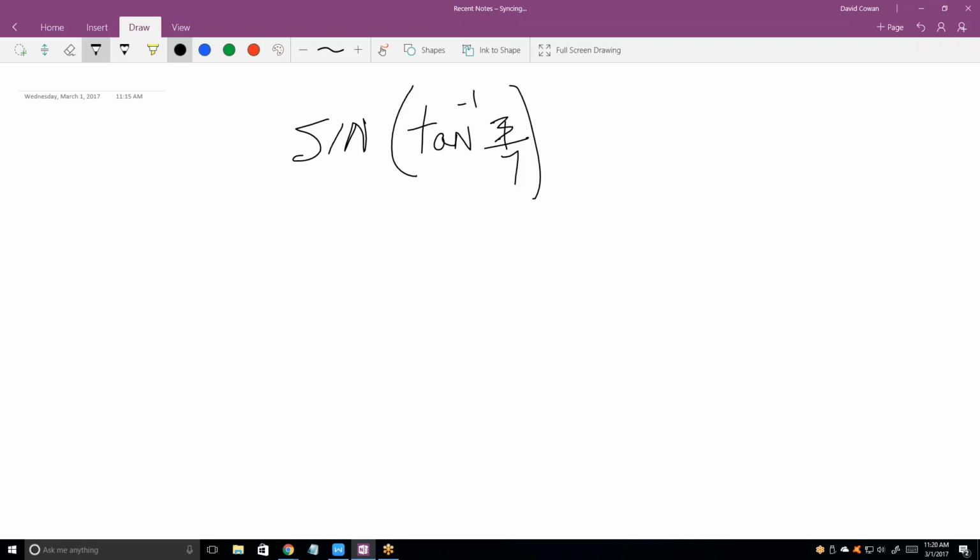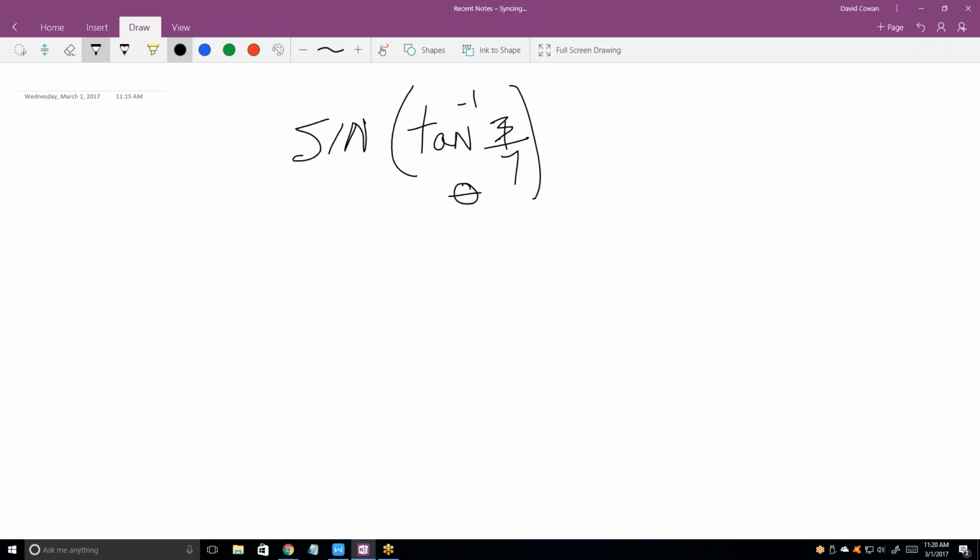So if I didn't have a calculator, I would have no idea how to figure out what theta is. But I'm writing theta there to impress upon you the fact that what is inside the parentheses is an angle.